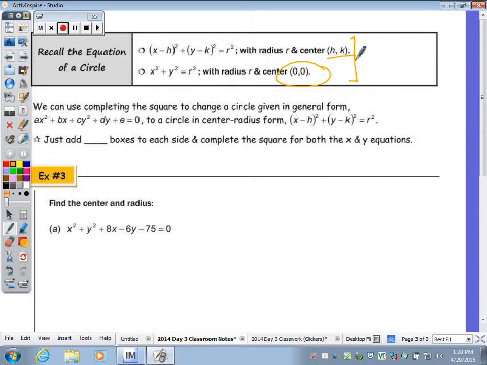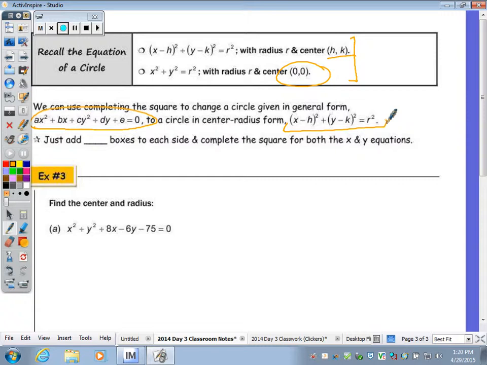I'm just reading the paragraph below: we can use completing the square to change a circle. So here's the general form, is what you see down below. We can convert it to look like this, which is the center radius form, and once it's there, we can then easily identify the center and radius.